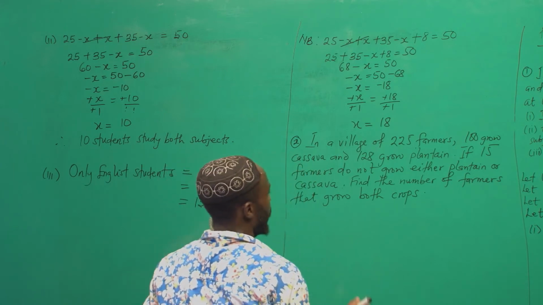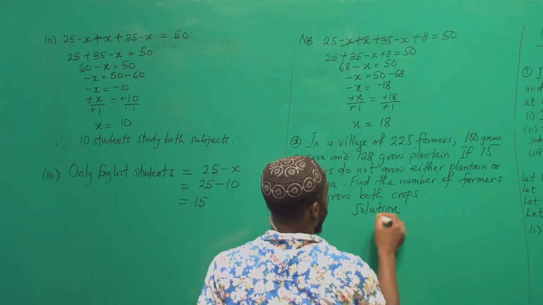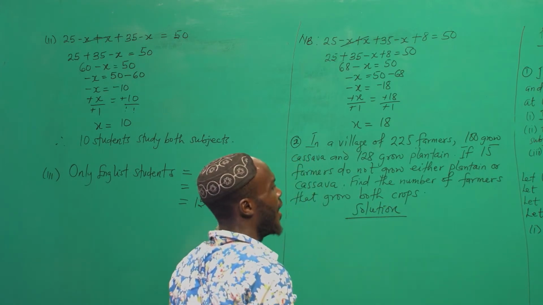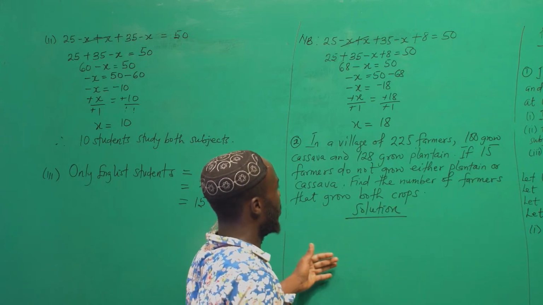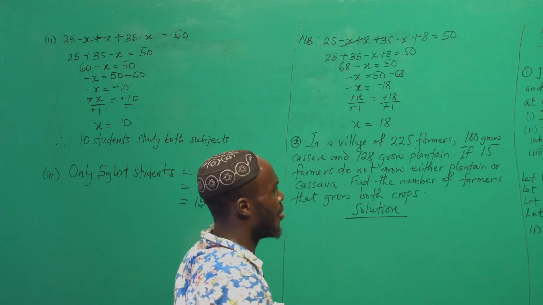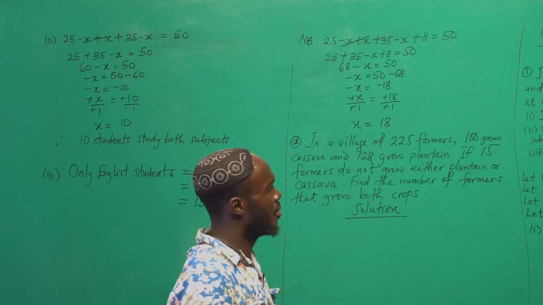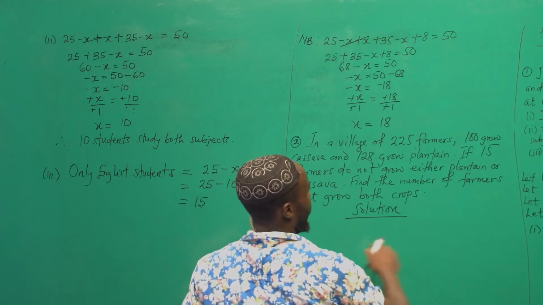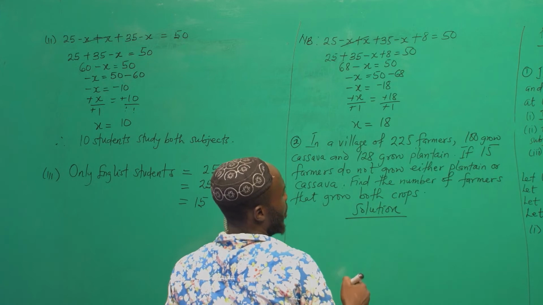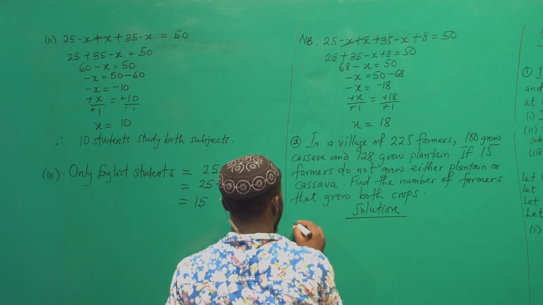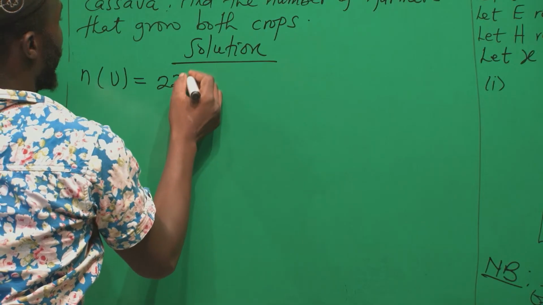Okay. So as I said, we need to write the let you represent this. Please write them, but because time is fast spent, I'm going to ignore that one and put them into the set notation straight away. So I write let U represent the total number of farmers in the village. Then therefore, n of U is equal to 225.